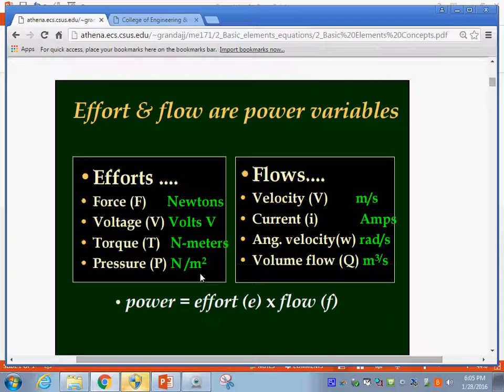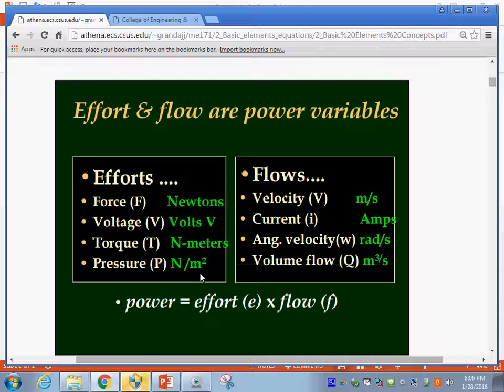On the right-hand side, the velocity, the current, the angular velocity, and the volume flow rate are the same type of variables. Each one of those is acting in a different energy domain.